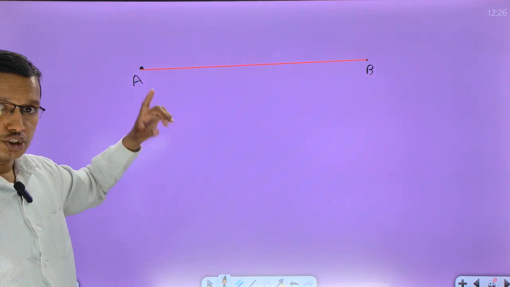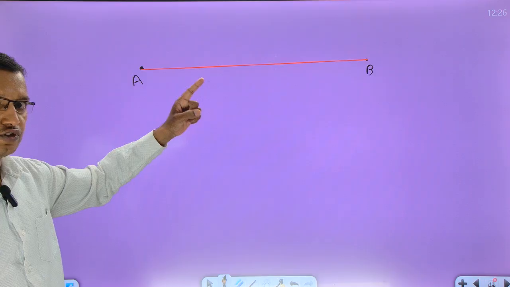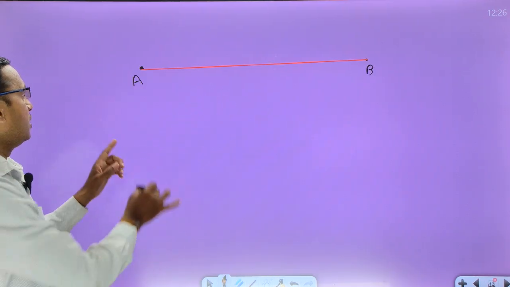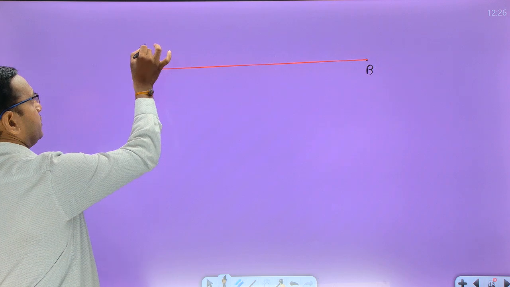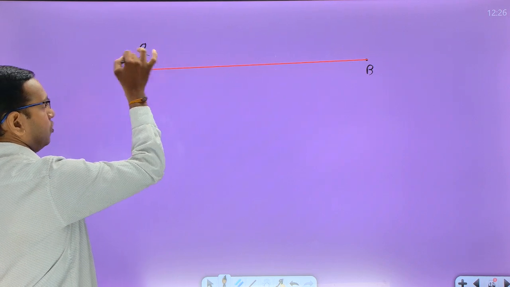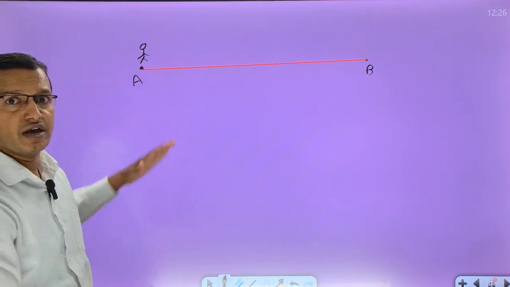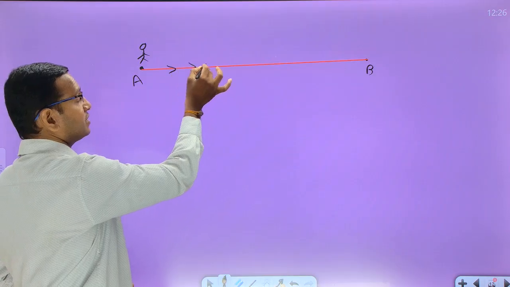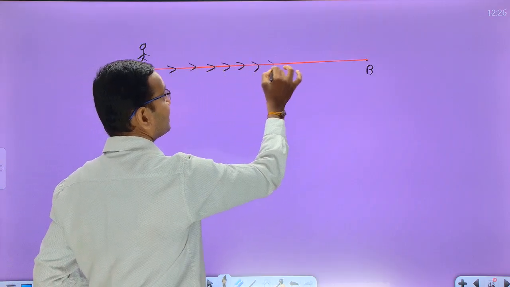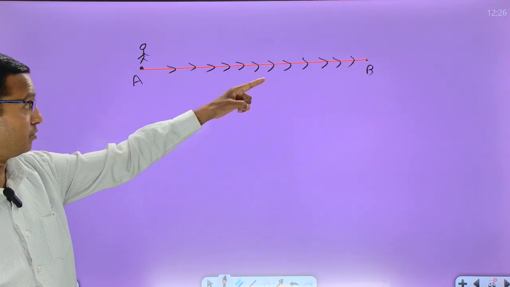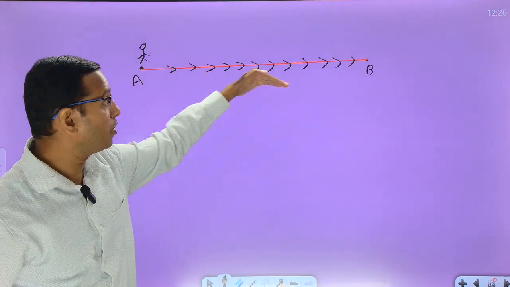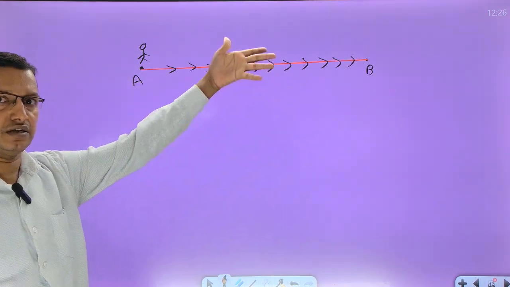Yes, the shortest distance is nothing but a straight line distance. Now, if you see carefully, it starts from A and moves to B. If I stand on this line and start moving, am I moving in a single direction? I can say I am moving in a single direction, only along AB, the x-axis.